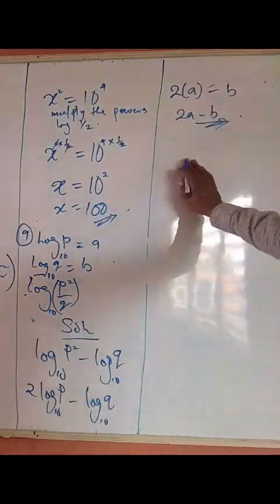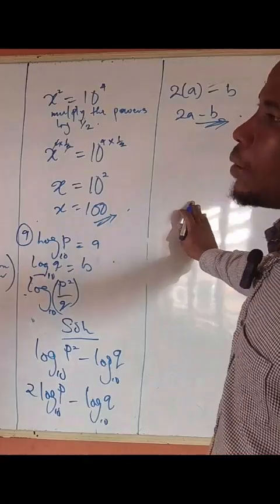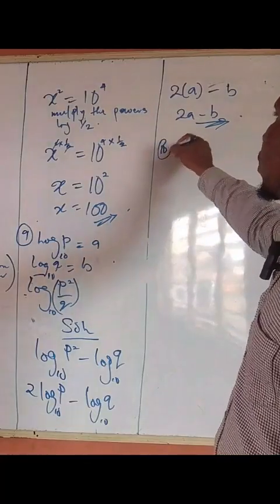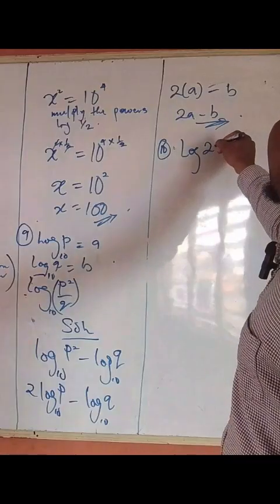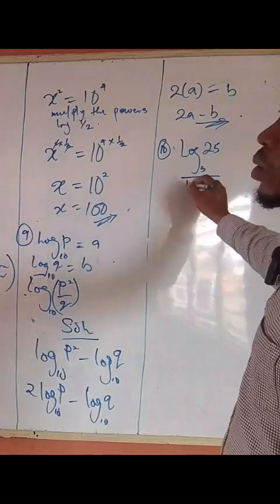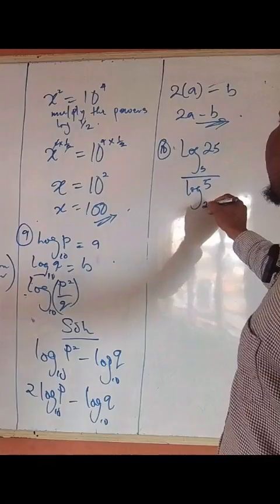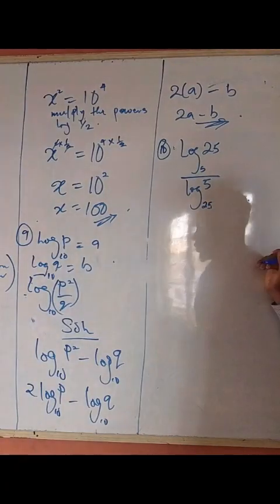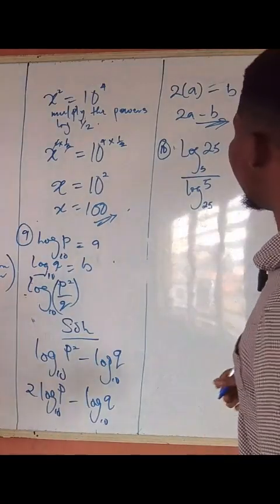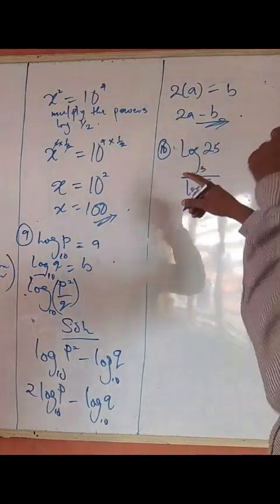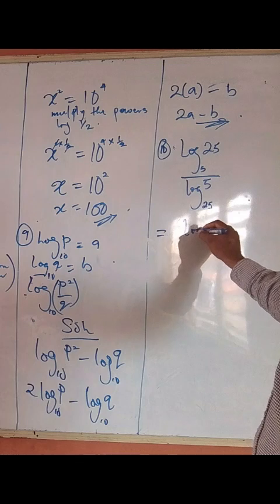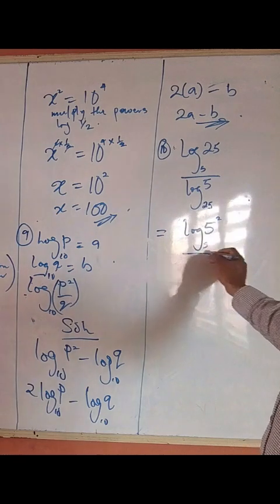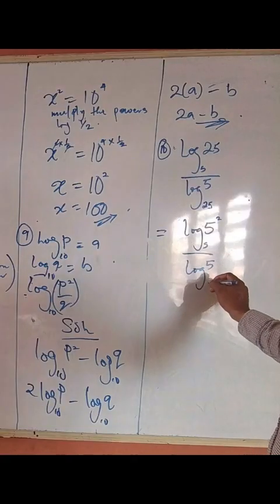So let's add this. So what do we have now? Yes, we can use a table. Log 25 to base 5, and log 5 to base 25. I think that they are almost alike, so what you do is just simplify. Log 25 to base 5 is 2, and log 5 to base 25 is 1 over 2.